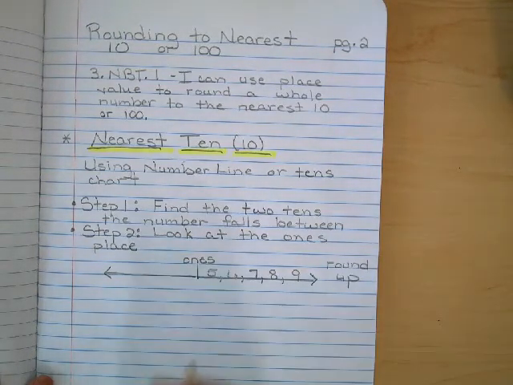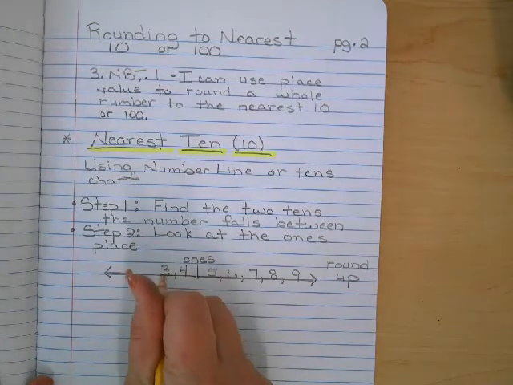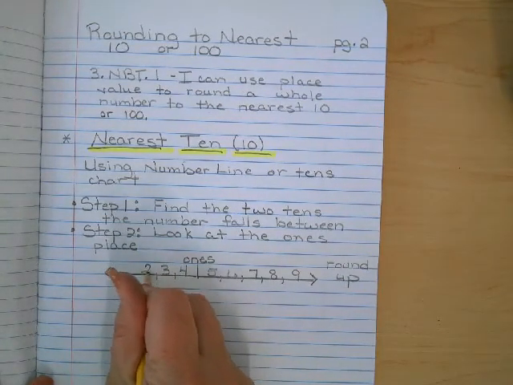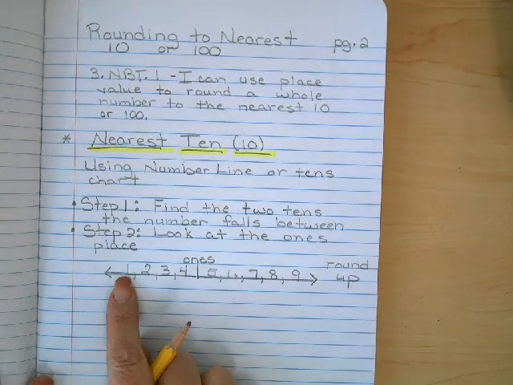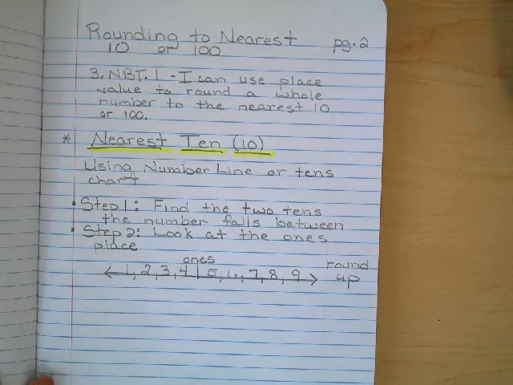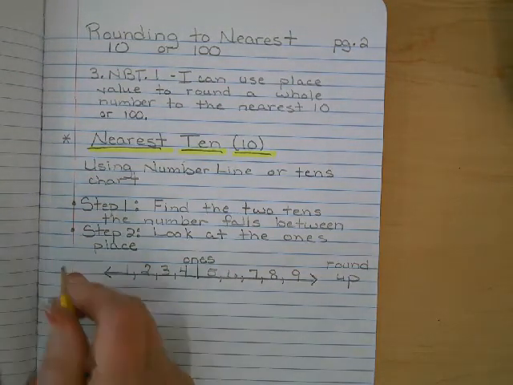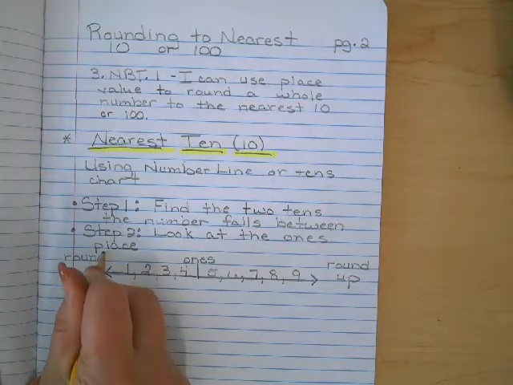If our ones place is 4, 3, 2, or 1, and if it's 0, it's already rounded to the closest 10. So we don't really need to put a 0 here because it should already be rounded to the closest 10 if our ones place is 0. So if that's the case, we're going to round down.